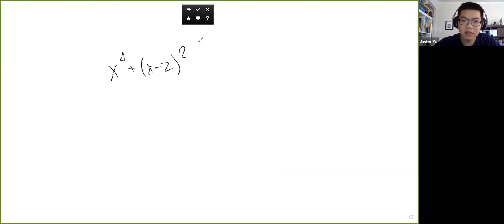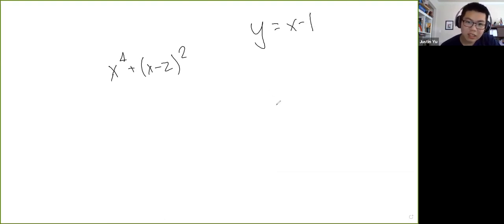How can we make this symmetric? I see set y equal to x minus 1. Expanding will actually not make it symmetric. This actually will.